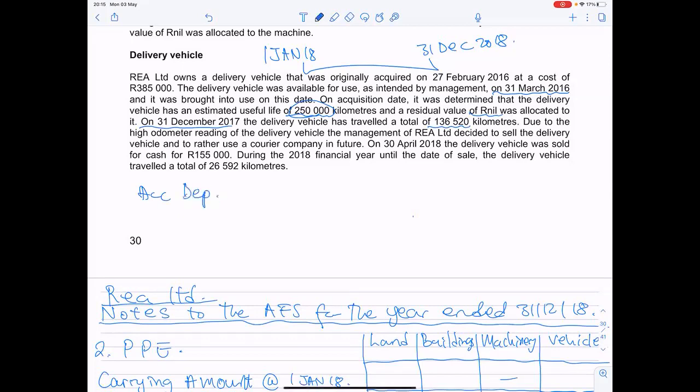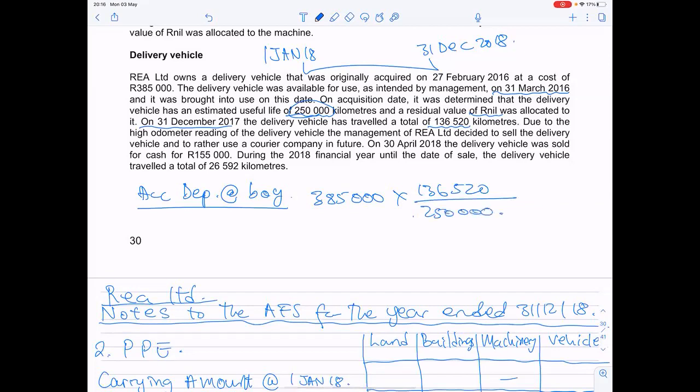Remember, the closing balance of the previous year is the opening balance of the current year. So the accumulated depreciation at the beginning of the year is going to be the cost of 385,000 multiplied by the kilometers that were traveled, 136,520, divided by the total kilometers that the entity is expecting the asset to travel.